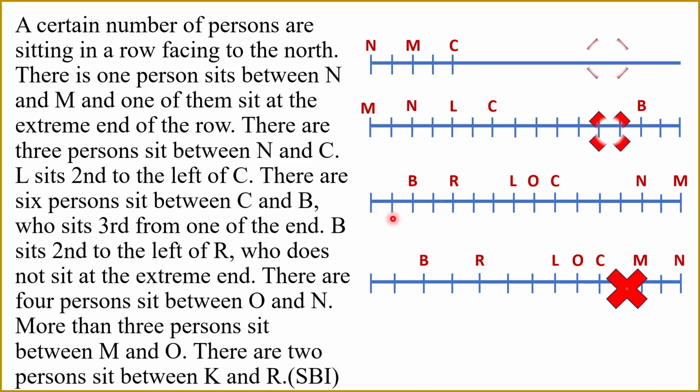So K will be placed here to the left of R in case number 3. So between K and R, there are 2 people. I hope this much is clear to everyone, and our case number 3 is the correct linear arrangement.